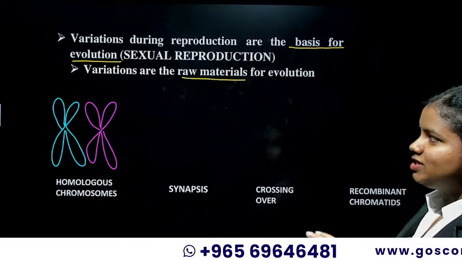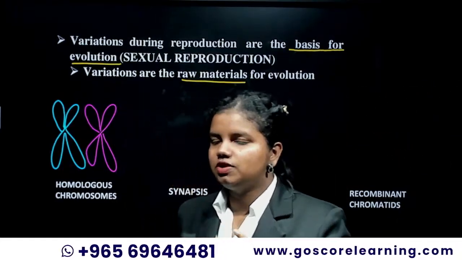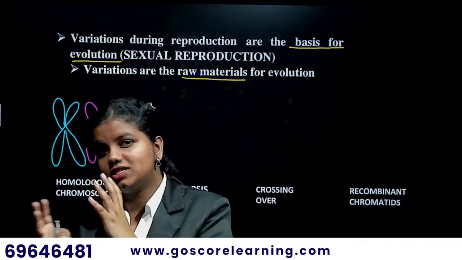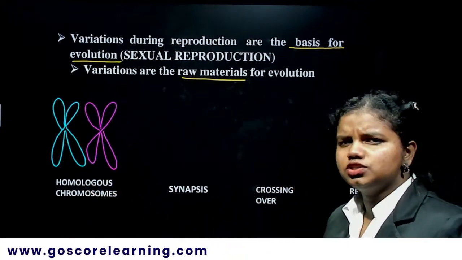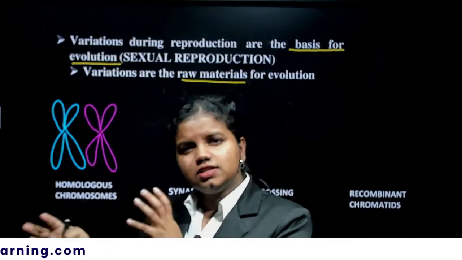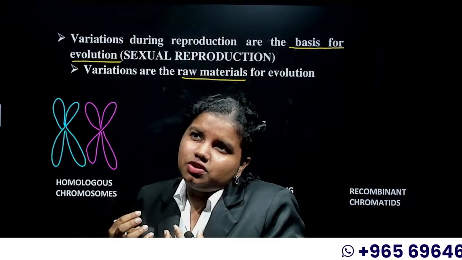Such chromosomes which are similar to each other, and that come from the maternal and paternal side, are called homologous chromosomes. Homologous chromosomes are so similar to each other that they carry similar kinds of alleles, similar kinds of characters.